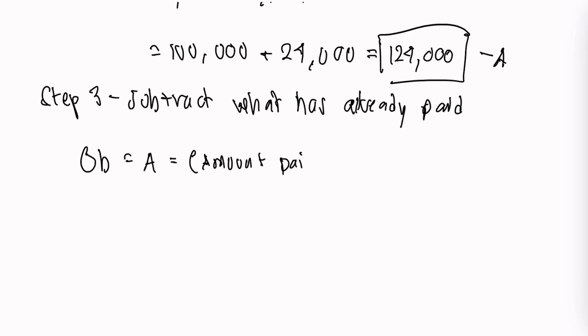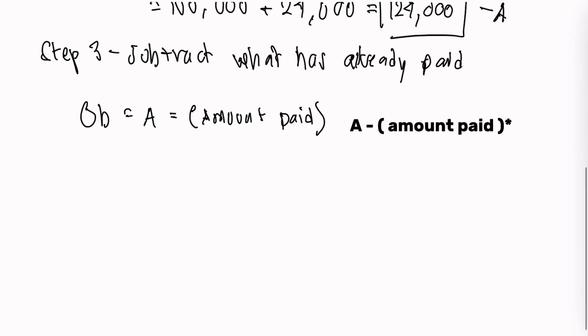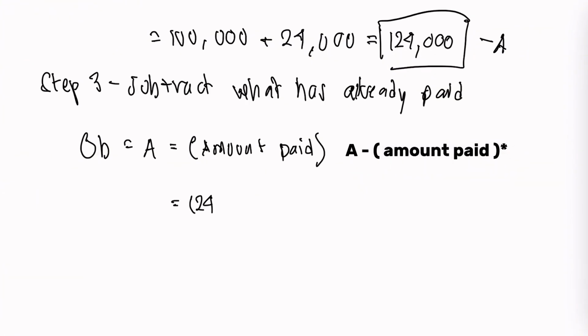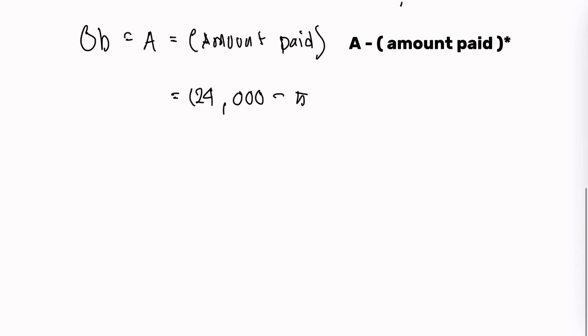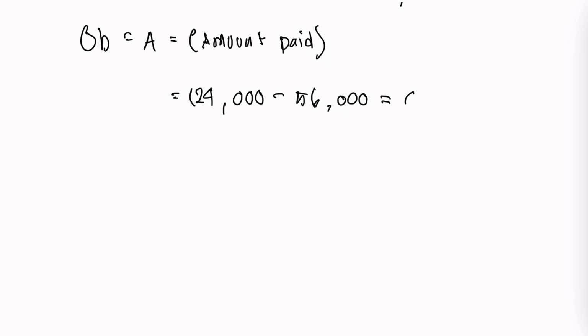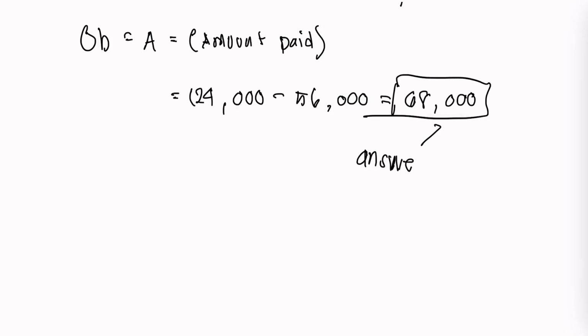Now, let's substitute the values of our A and the amount paid. The value of our A is 124,000 minus the amount paid, which is 56,000. Now subtract them, then the answer is 68,000 pesos. So this is the outstanding balance, the answer.